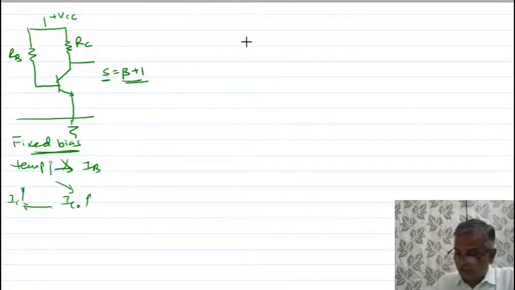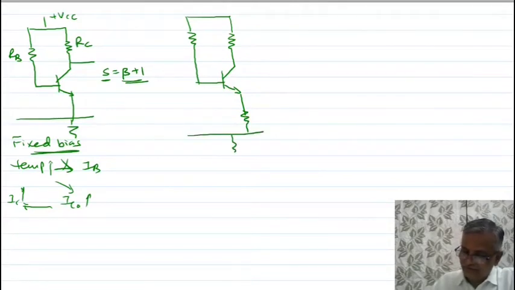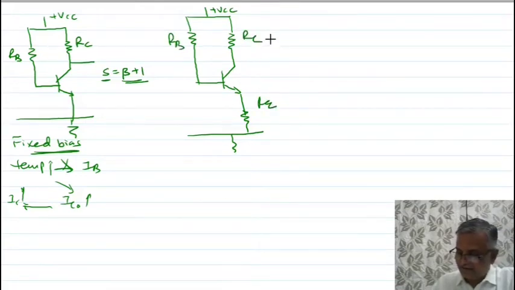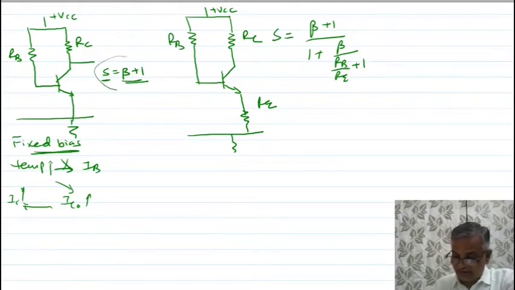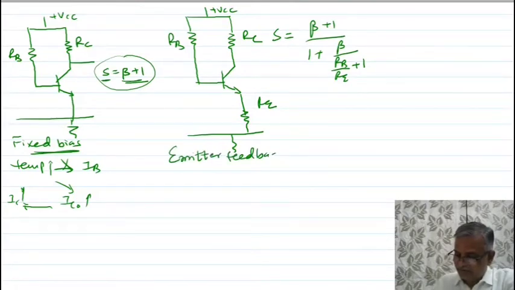Now the second circuit you have seen, the emitter feedback method, with VCC, RB, RC, RE, and as you wrote, S is (beta plus 1) upon (1 plus beta RB by RE plus 1). Here S is beta plus 1 upon something, so this S is low for the emitter feedback bias circuit.